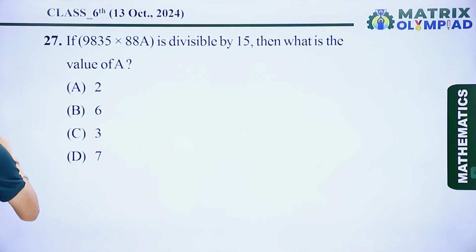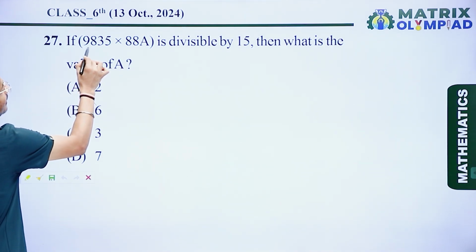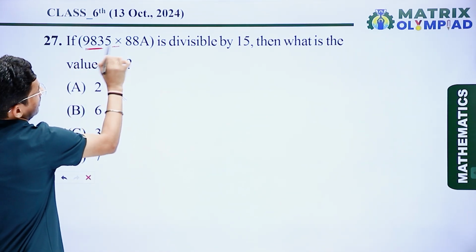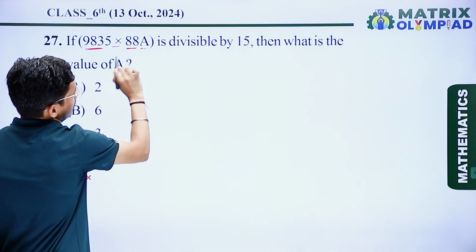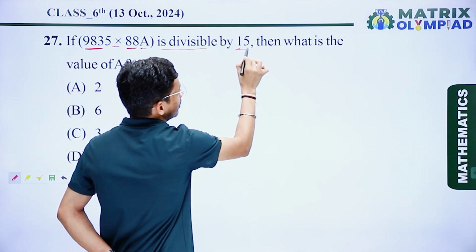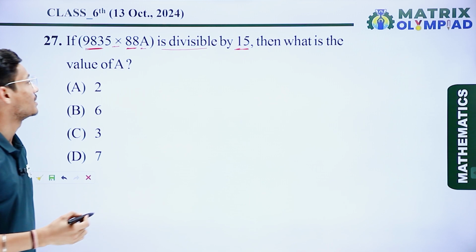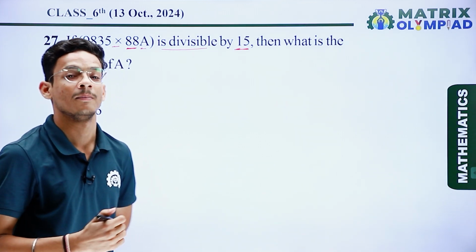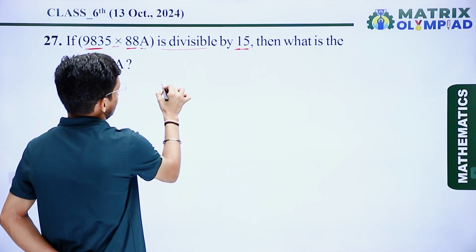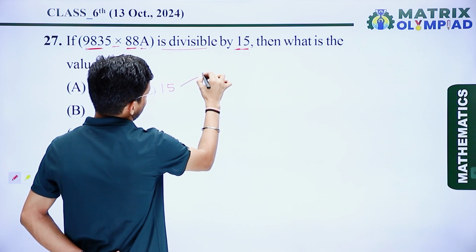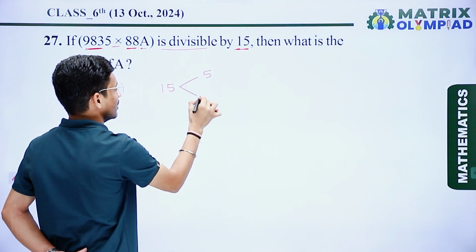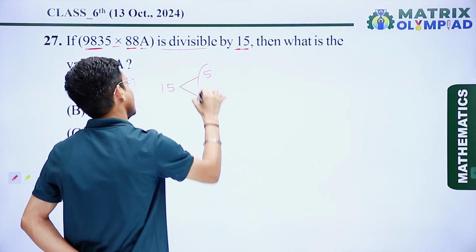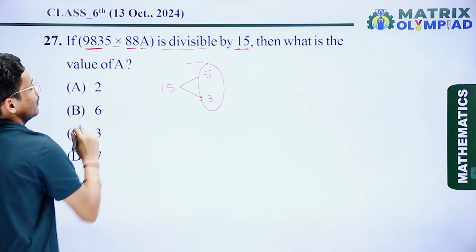So now if I talk about the next question, that is, if 9835 multiplied by 88A is divisible by 15, then what is the value of A? So what is the divisibility rule of 15? If a number is divisible by 5 and if a number is divisible by 3, then the complete number is divisible by 15.